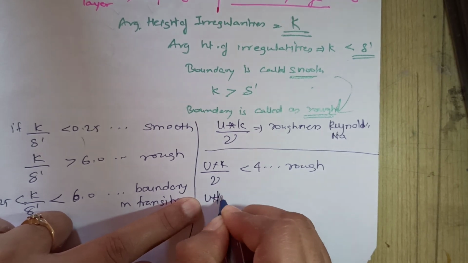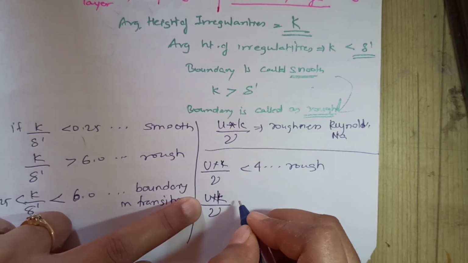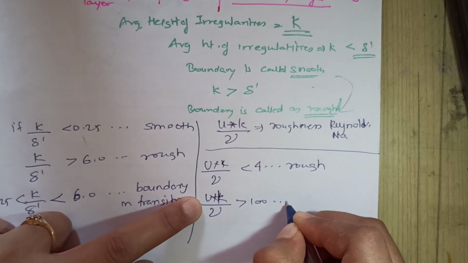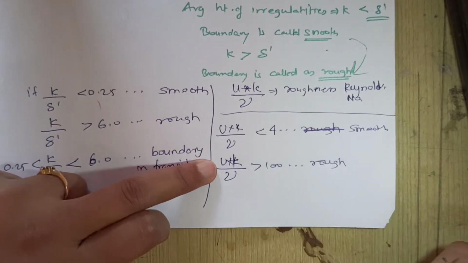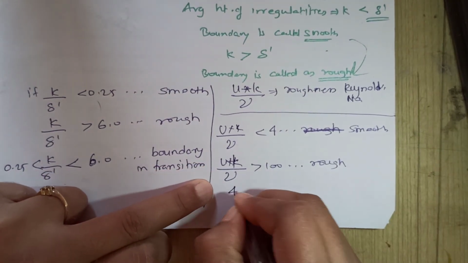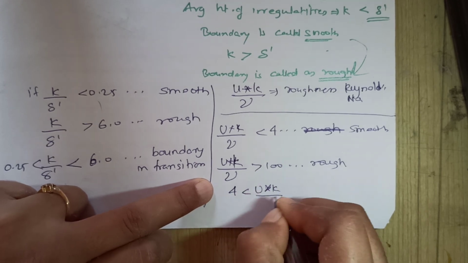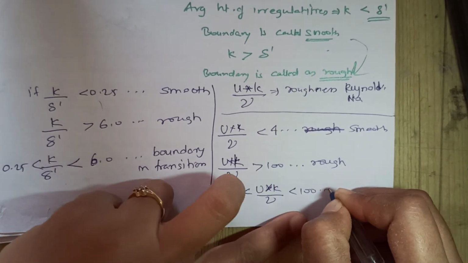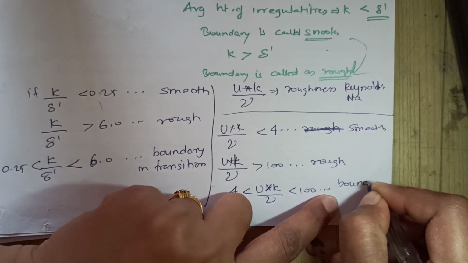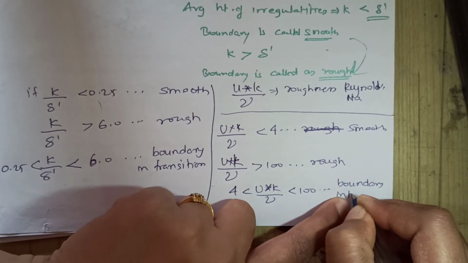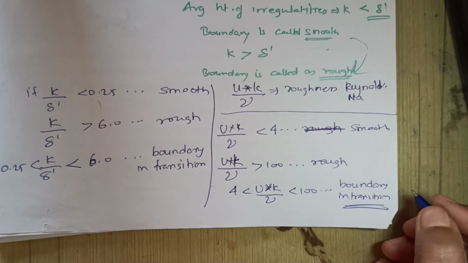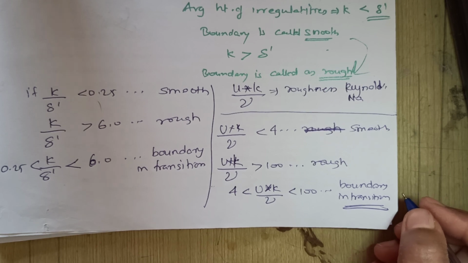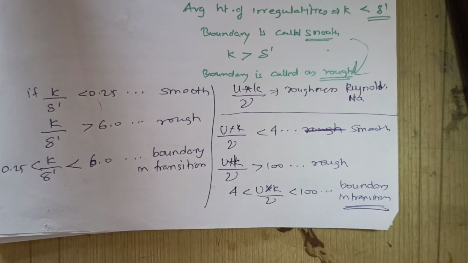If U into K upon viscosity is greater than 100, this is rough boundary, and if it is between 4 and 100, it is boundary in transition. Okay, so this is the classification of your rough and smooth boundaries. Okay, so after this we will see some derivations in turbulent flow.